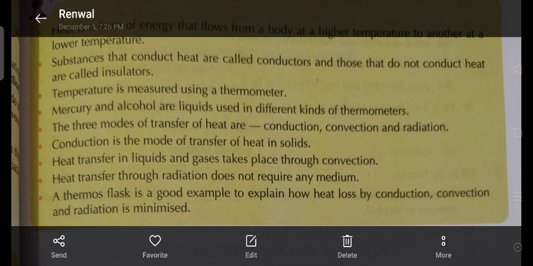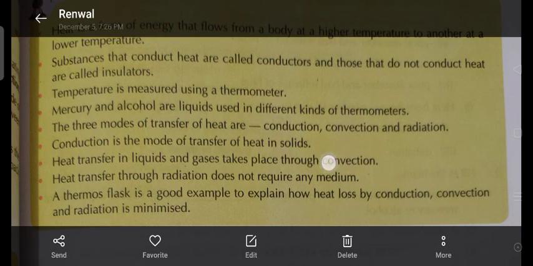Conduction is the mode of transfer of heat in solids. Heat transfer in liquids and gases takes place through convection. Heat transfer through radiation does not require any medium. A thermos flask is a good example to explain how heat loss by conduction, convection, and radiation is minimized.